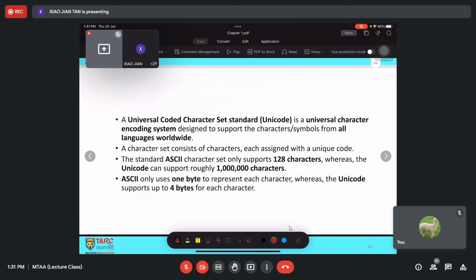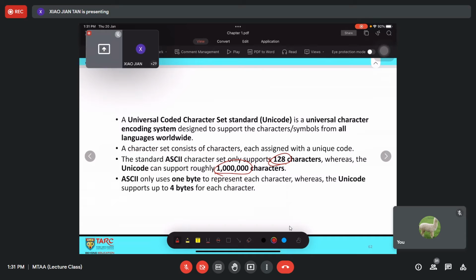Unicode is a universal character set standard, a universal character encoding system designed to support the characters or symbols from all languages worldwide. A character set consists of characters, each assigned a unique code. The standard ASCII character set only supports 128, whereas Unicode supports up to 1,000 characters.